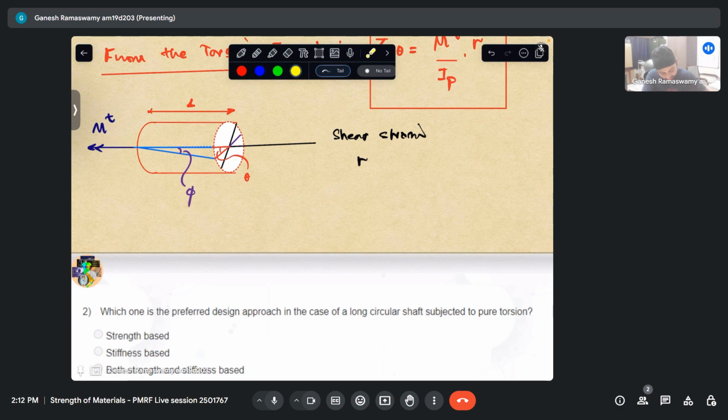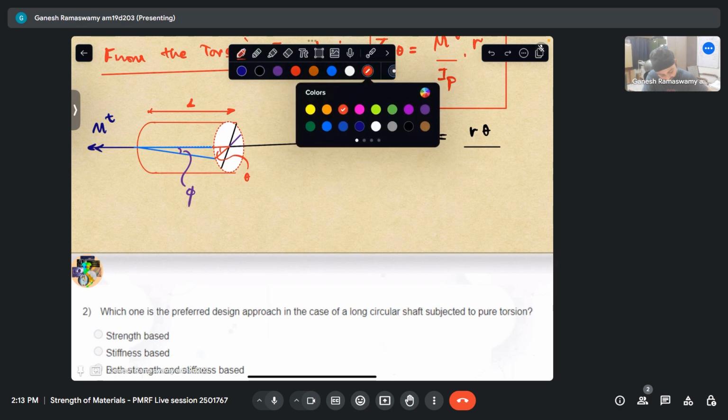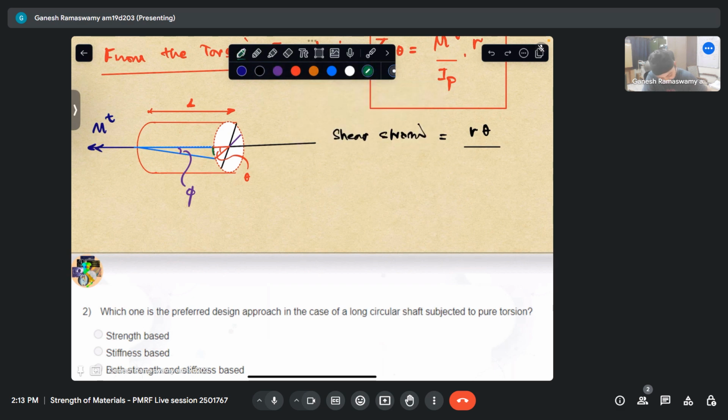So the shear strain is nothing but R theta by L. Let me mark R theta with green. So this quantity is R theta. So this is nothing but R theta by L. So this is the shear strain.